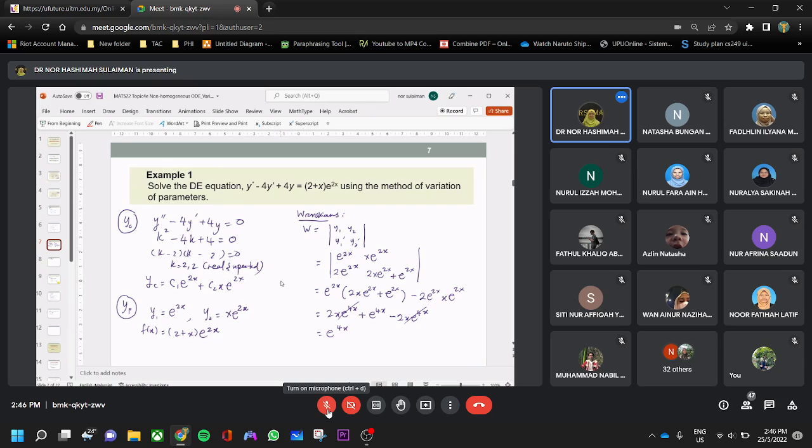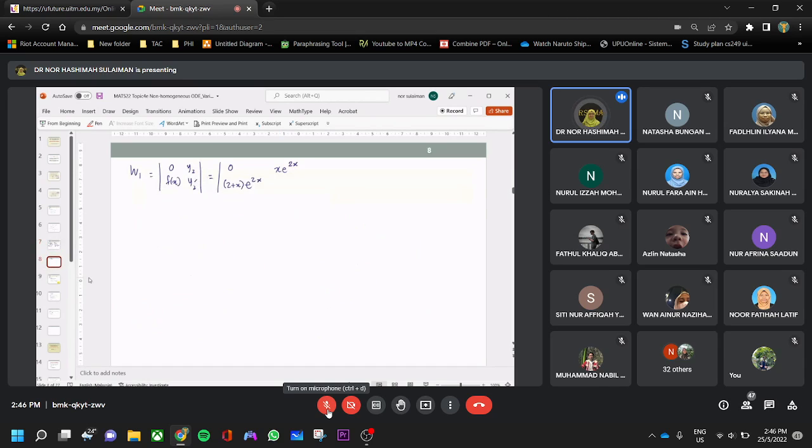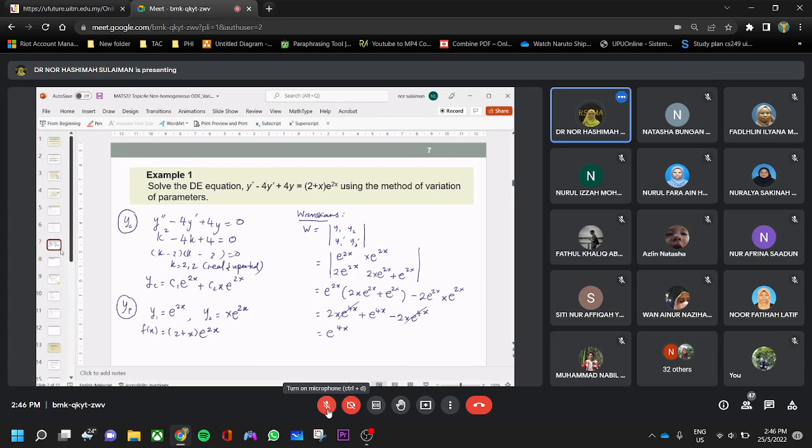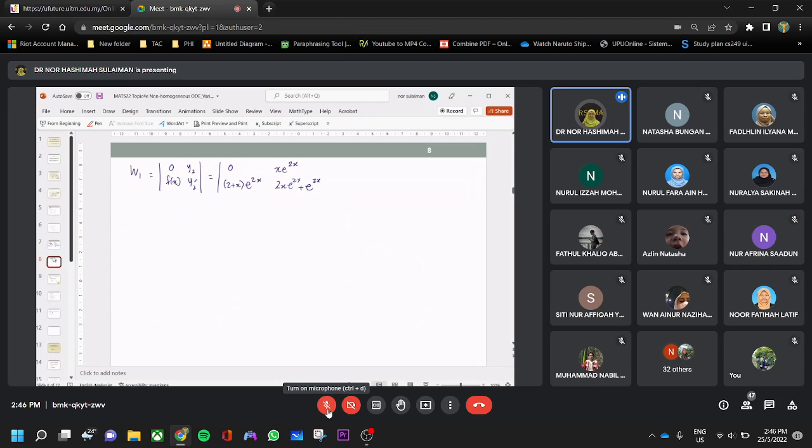Yang ni apa ni? 2x e to the power of 2x plus. Okay, betul ke? Sekejap saya check. Betul. Okay, alright. Okay, cross multiply. You cross this one, dia akan jadi kosong. You cross this one, you akan jadi apa? Negative. Negative what?